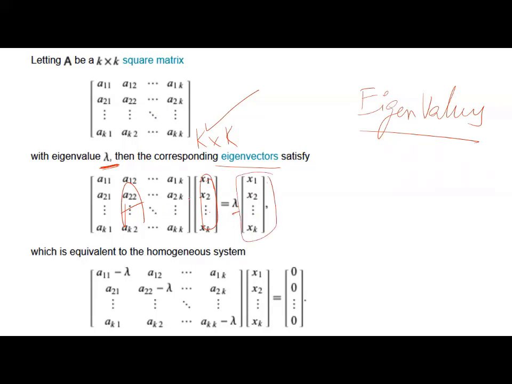So we have multiplied this here, we have multiplied this here.